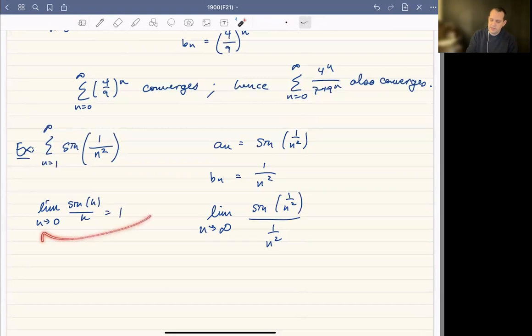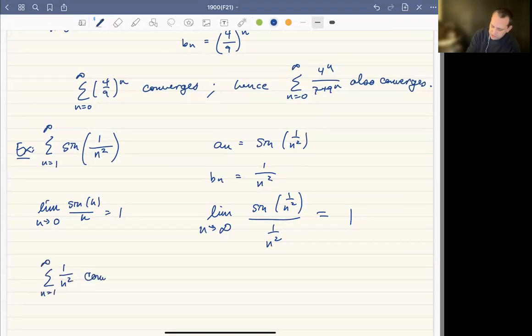And then we end up back in this situation: we have sine of something over that something as that something goes to 0. And therefore, this limit is going to be 1. And therefore, sine of 1 over n squared, its fate is going to be determined by whatever happens to 1 over n squared as n goes from 1 to infinity. And of course, this converges. And therefore, the original series converges too.